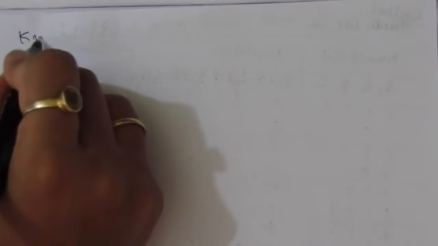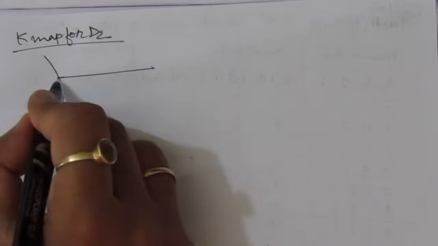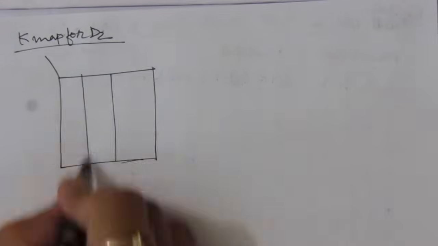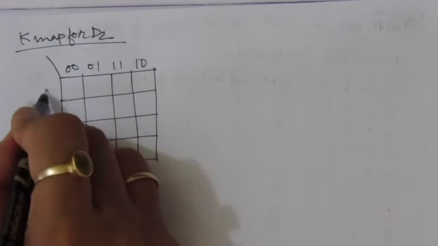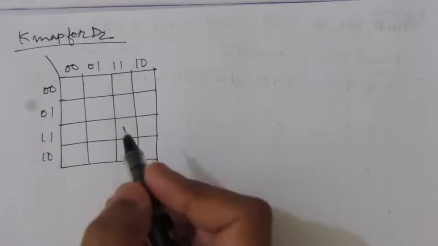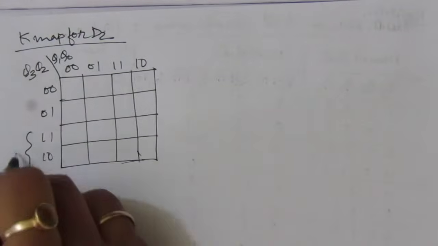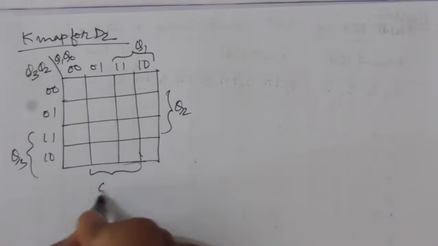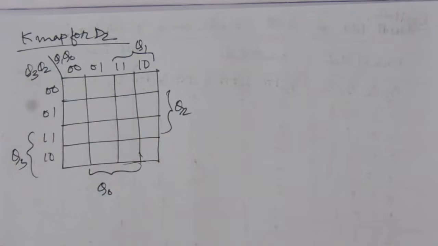Therefore K-map for d2. Suppose here also we'll have a 4 variable map. Okay, this is the 4 variable map. Now we have to put the values of d2 here.